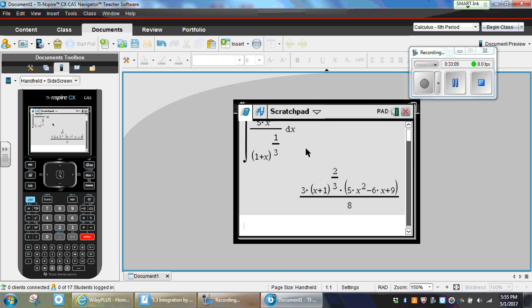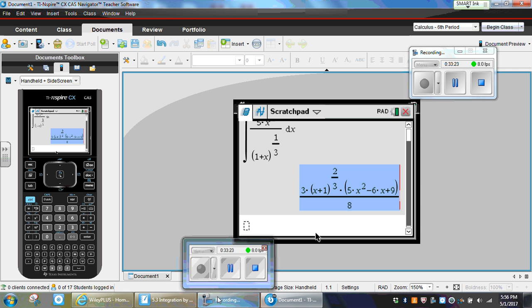And so I'll just press enter, and this is the theoretical integral. That means the algebraic expression. Although it is correct, it is missing something. And that something is actually the plus c.